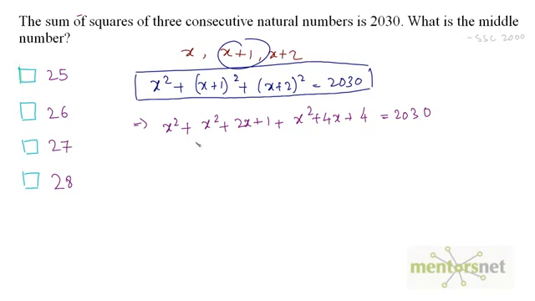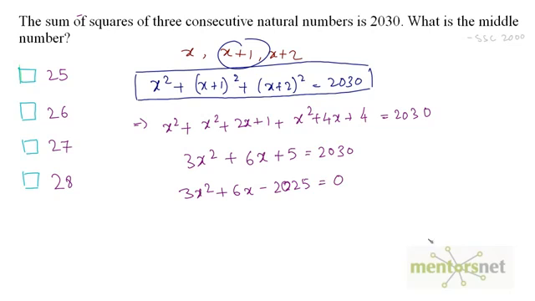Now we have 1, 2 and 3x square, so 3x square plus 2x plus 4x is 6x plus 5 is equal to 2030. And if we move the 2030 to the left hand side of equals to, we get 3x square plus 6x plus 5 minus 2030, which is minus 2025, equals 0.